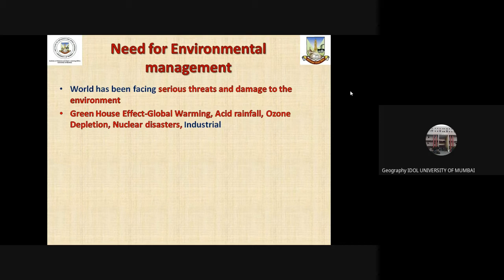That has resulted in various environmental problems at different geographical scales, be it global, regional, or local environmental problems associated with a geographically limited area.